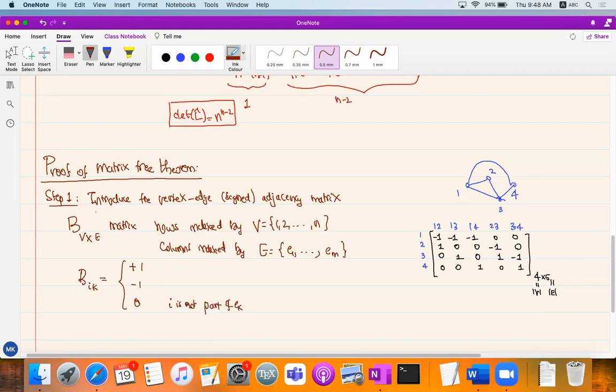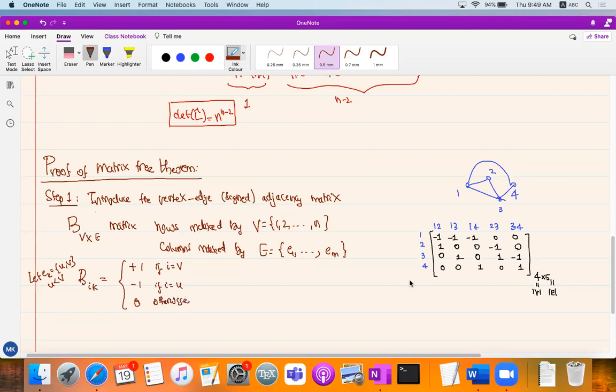Let me write: the kth edge, Ek, is an edge between some 2 vertices, which I will call U and V, with U less than V. So Ek, the kth edge, has 2 vertices, U and V, and U is smaller than V. You put a 1 if i is equal to V, you put a -1 if i is equal to U, and otherwise you put 0.